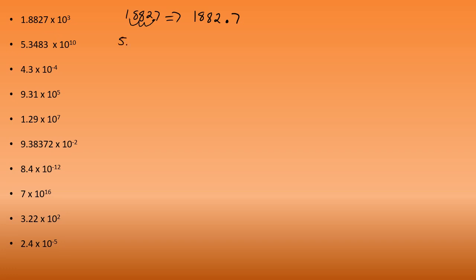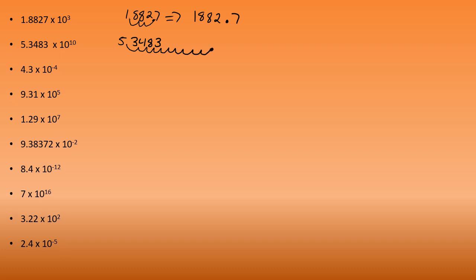The next number, 5.3483 times 10 to the 10th. So again, the positive number is going to tell us to move our decimal place right, and we're going to move it a total of 10 times in this case. 1, 2, 3, 4, 5, 6, 7, 8, 9, 10.